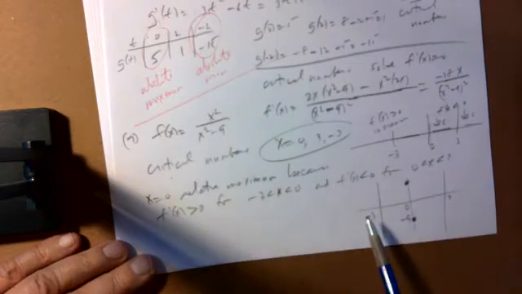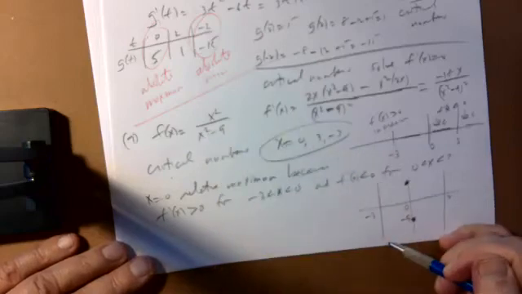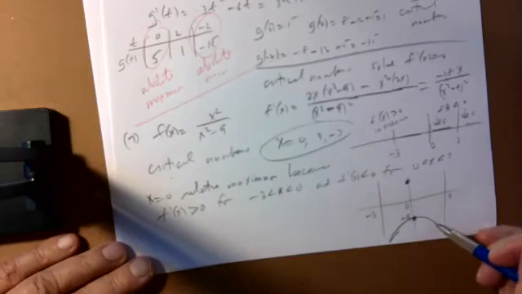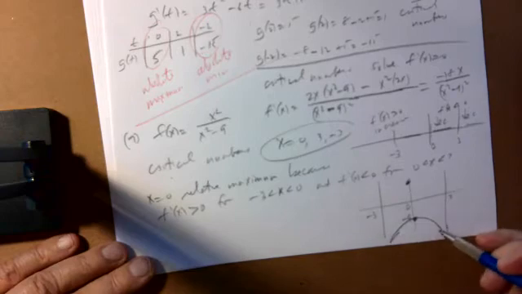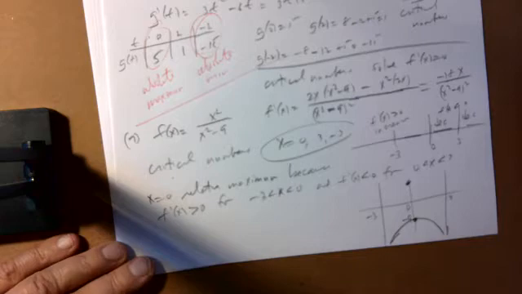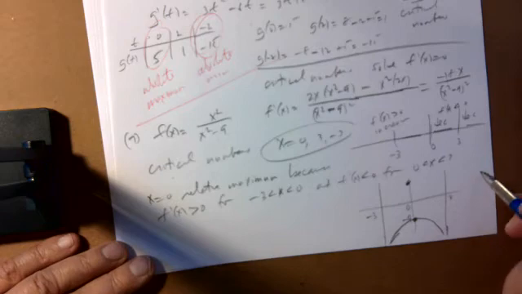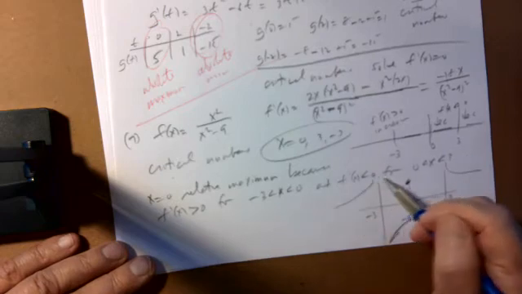And when x is between +3 and -3, this function is negative. So the graph of the function looks like this, between -3 and +3. And here we have these vertical asymptotes. When x is bigger than 3, this is positive, and the graph of the function looks like that.